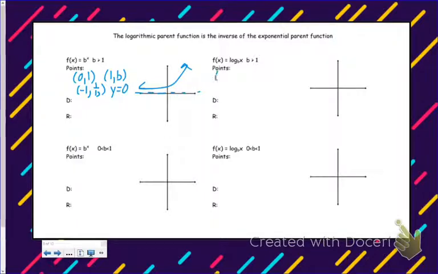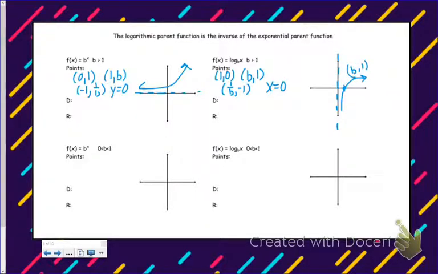So this graph is going to go through 1, 0, base comma 1, 1 over the base comma negative 1. And instead of having a horizontal asymptote, this graph is going to have a vertical asymptote. So your log function, again, is going to be dependent on the base, but it's going to have this shape. It's going to go through the base comma 1.